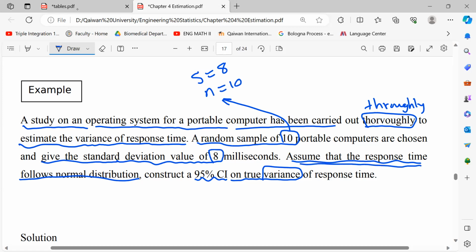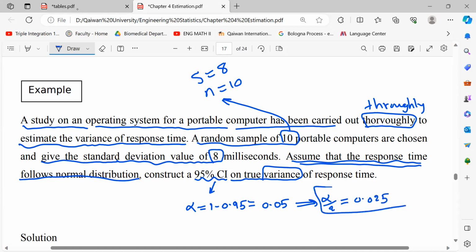And then assume that the response time follows normal distribution. Construct a 95% confidence interval on the true variance of response time. Now, from this, we can get alpha. Alpha is 1 minus 0.95, which is 0.05. Then alpha over 2 is 0.025.